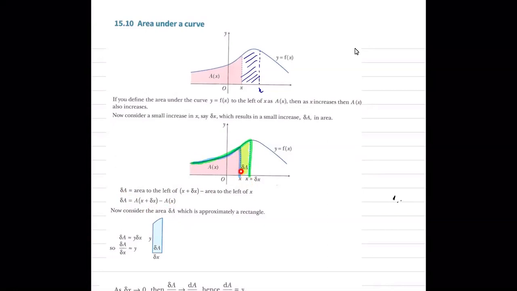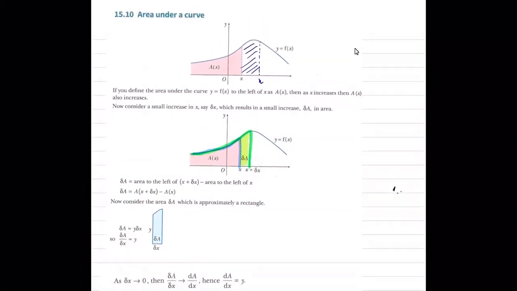Now, if you see this shape, it looks like this. But since it's very small, it can be approximately called a rectangle. If you approximate this shape to a rectangle, then what is the area of the rectangle equal to? Length times width. Yeah. So the length of the bar denotes the value of the function.